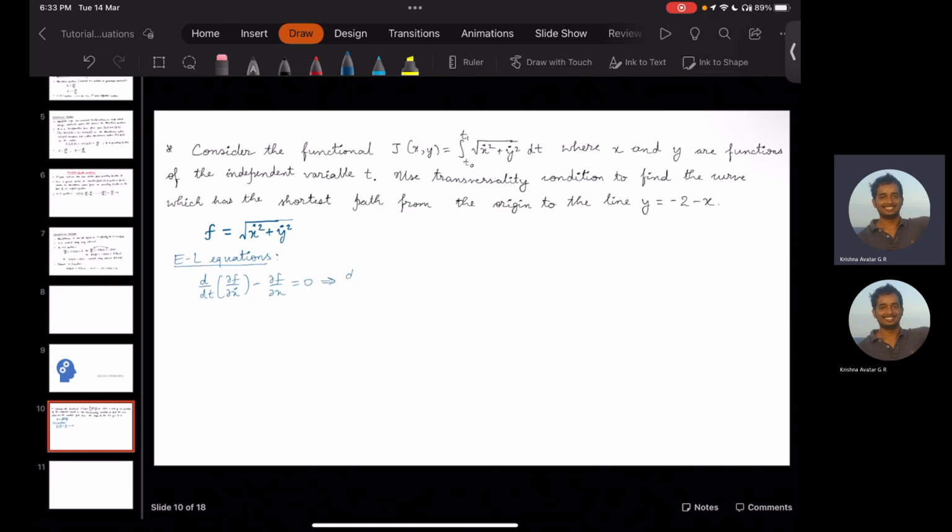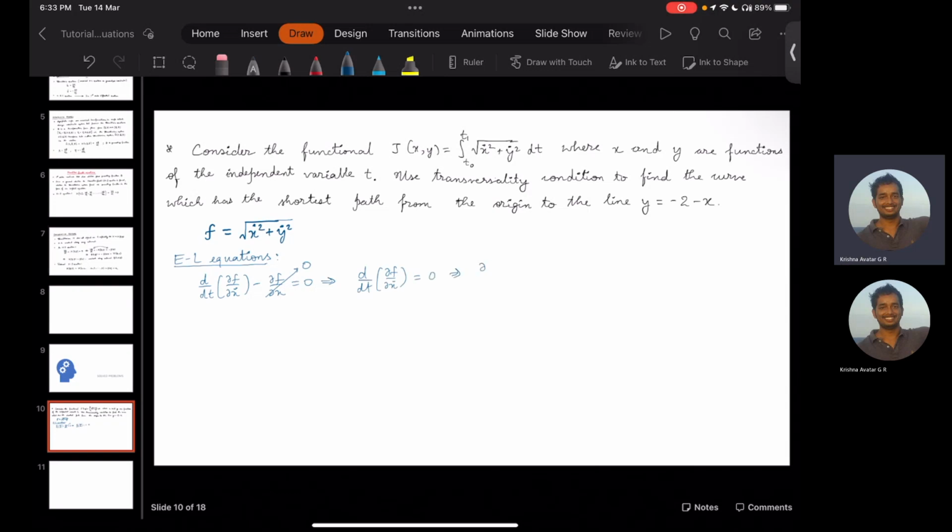This implies that d by dt of del F by del x dot is equal to 0, because del F by del x is 0, isn't it?